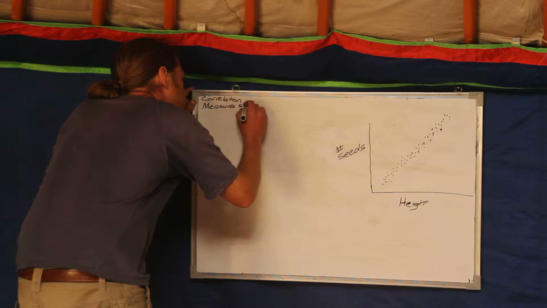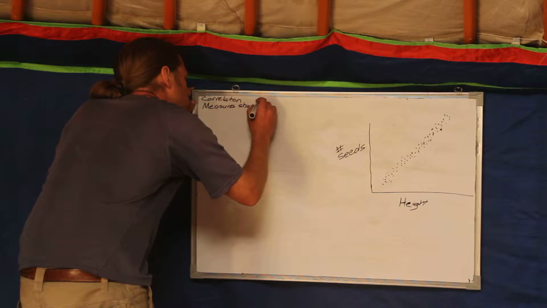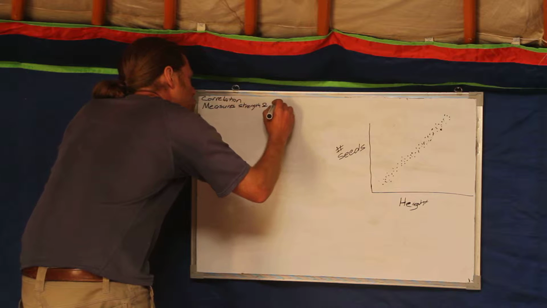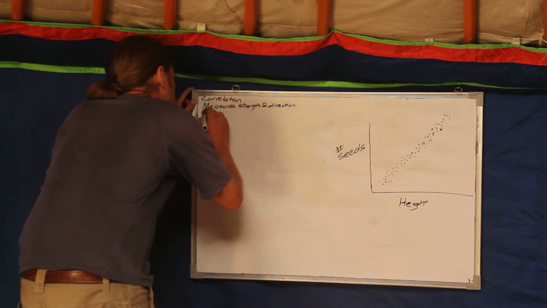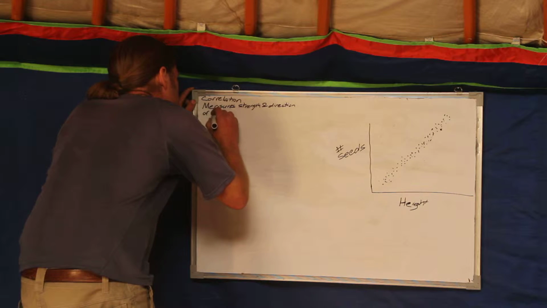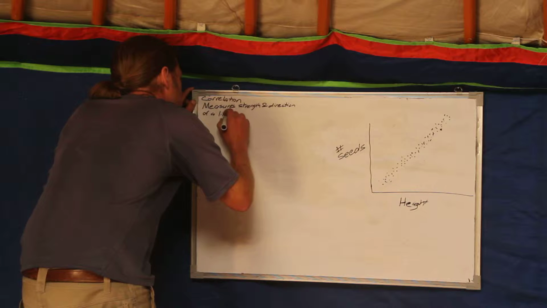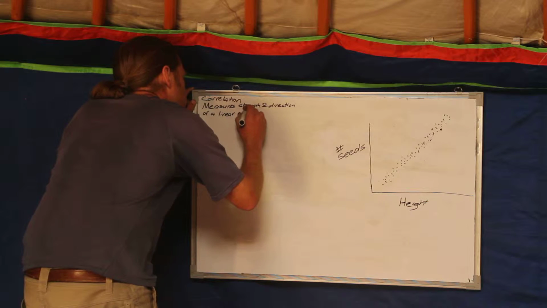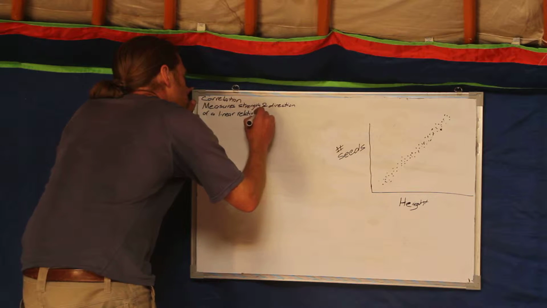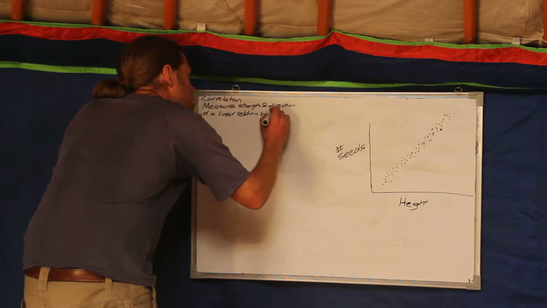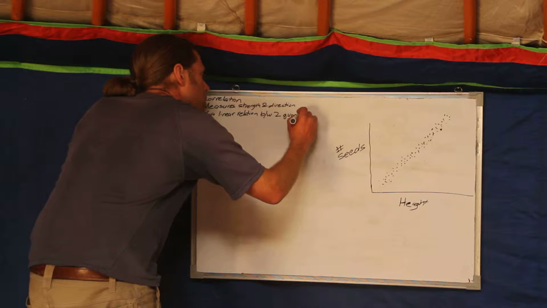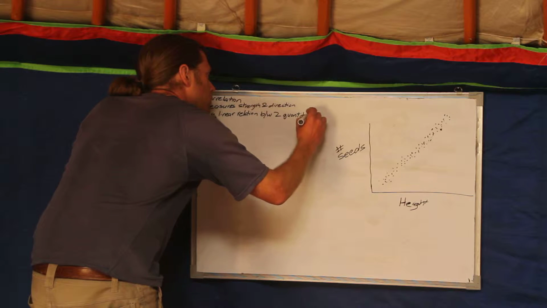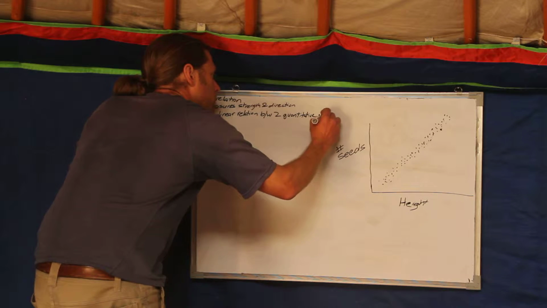the strength and direction of a linear relationship between 2 quantitative variables.